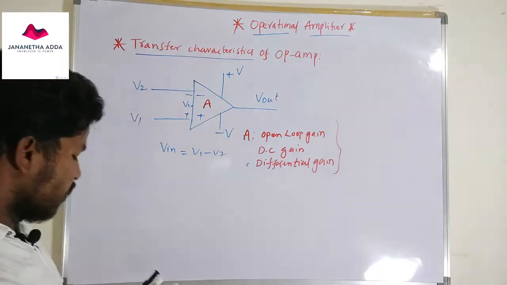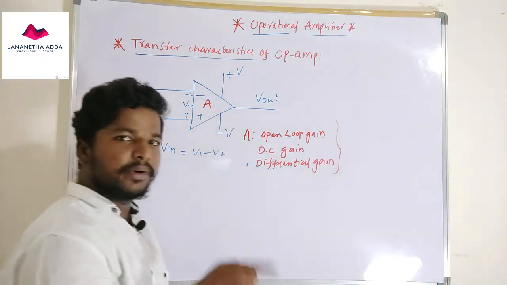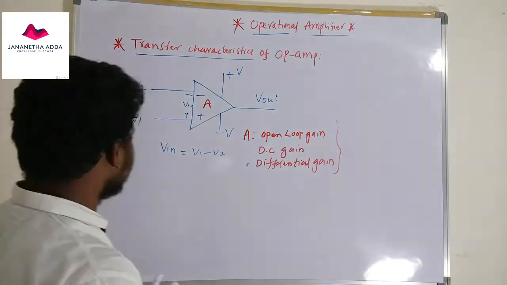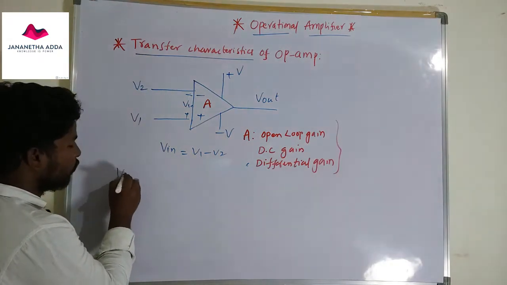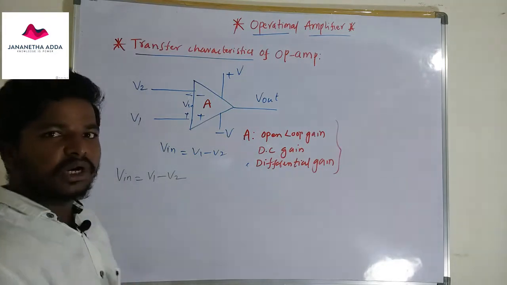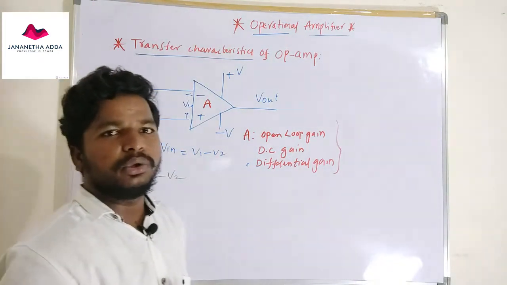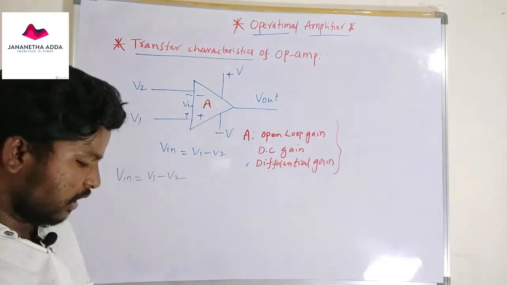The operational amplifier senses the difference, so V input is equal to V1 minus V2. We can encounter two conditions.